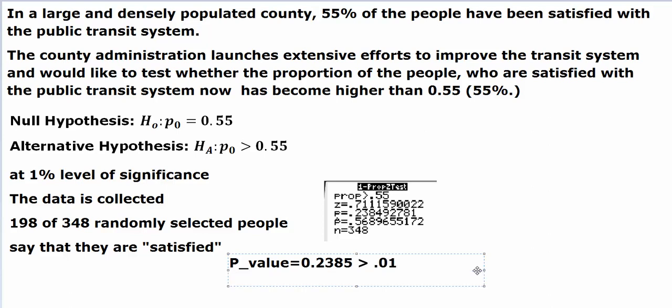So what do we do? We do not reject the null. That is, we don't have a good evidence still at 1% level of significance, and actually even at higher level of significance, that the percentage of people who are satisfied has now become more than 55%.